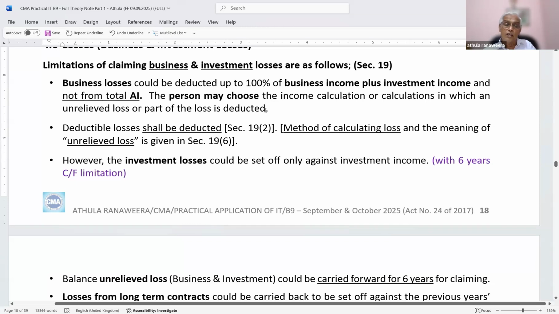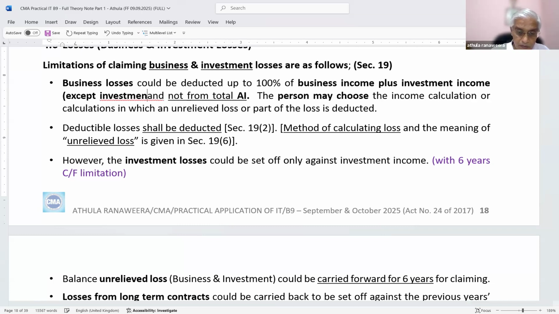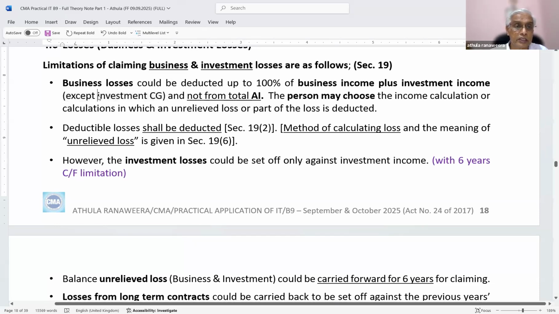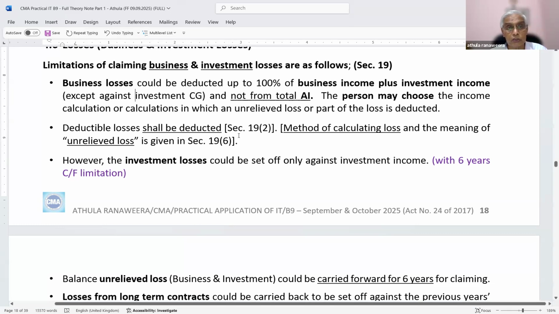That means you claim in the current year, then any unclaimed amount you can carry forward to the next year, except against investment capital gain. That is also important. You can claim with no limitations.